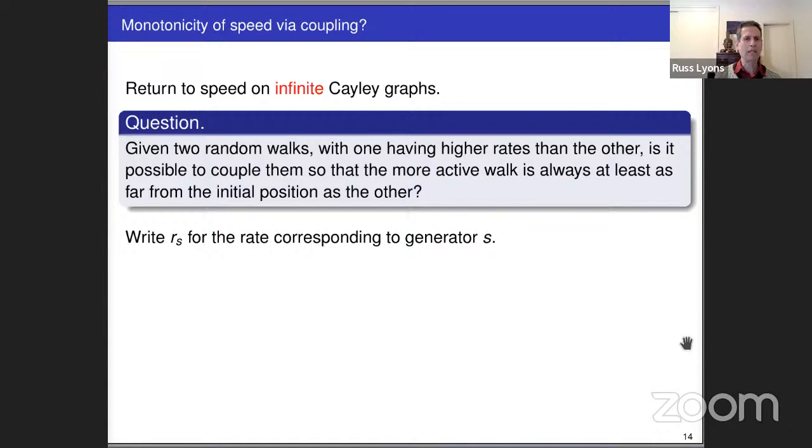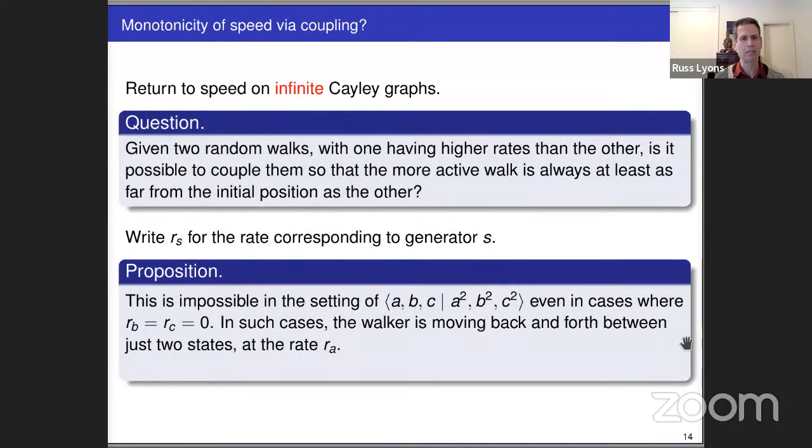So to talk about this question, let's introduce a notation. For each generator S, let's call little r sub s the rate corresponding to that generator. So it turns out that this coupling question does not have a positive answer, even in the simplest cases. We're going to start with one of the simplest cases, our initial three regular tree, and the rates on generators B and C are both 0.